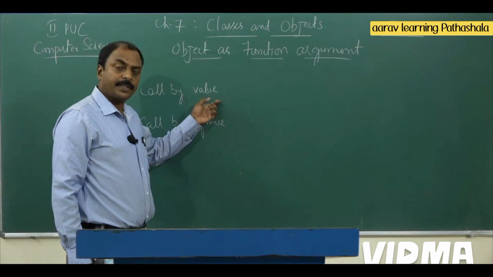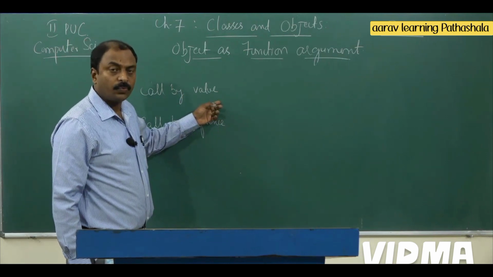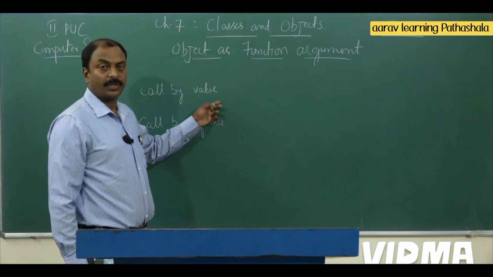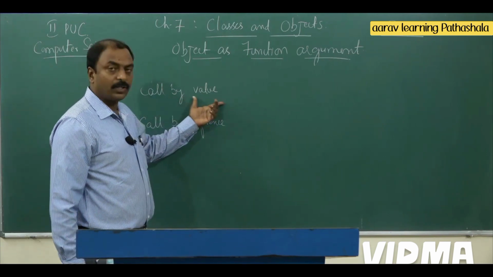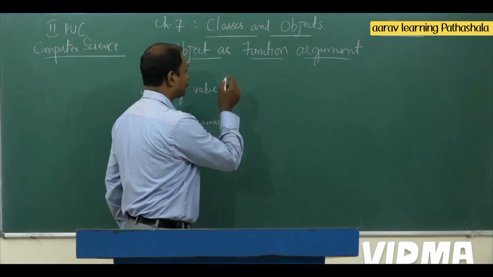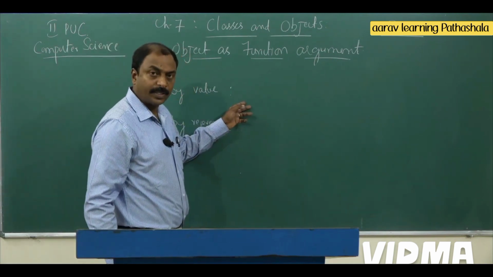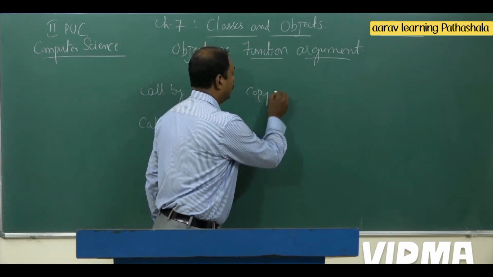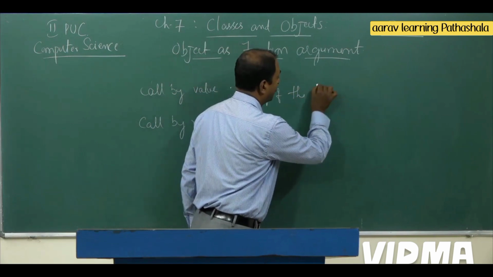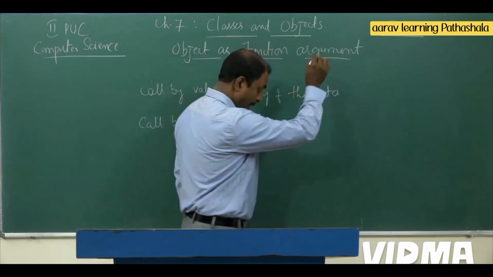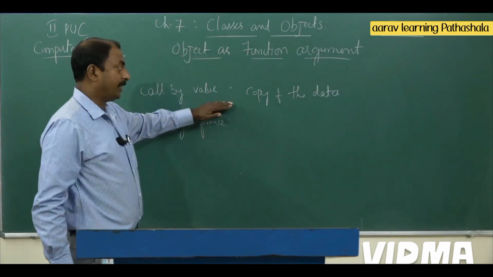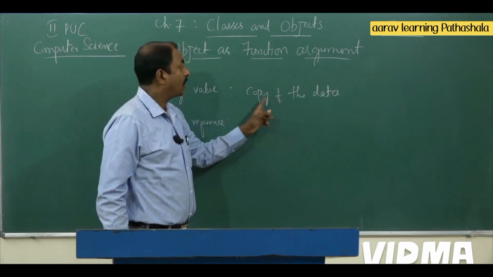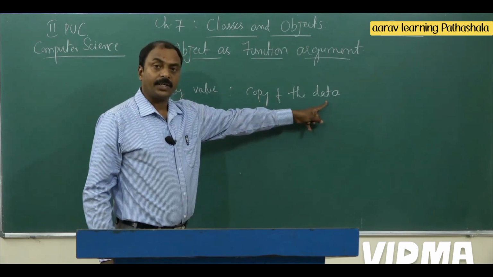I want you to recollect what you had learned last year about the call by value method. We explained it with a program of interchanging the values of two variables. In call by value method, the function works with a copy of the original data given.